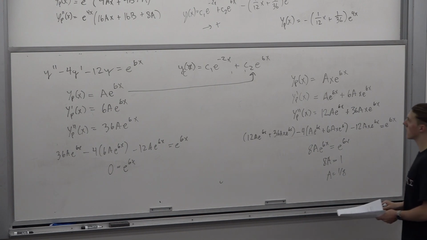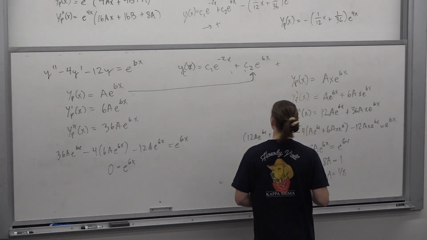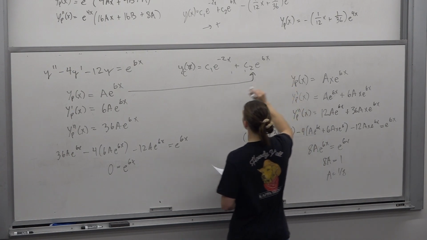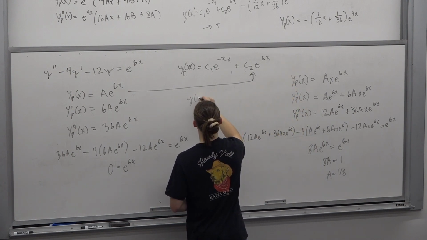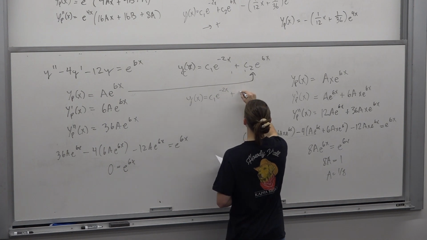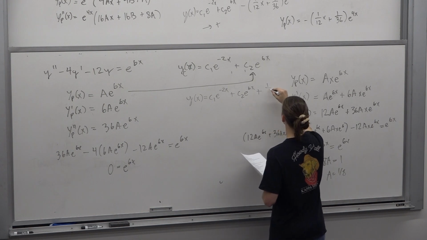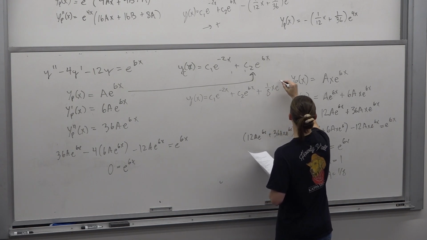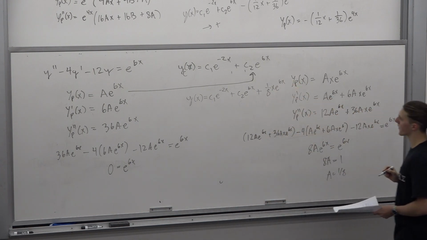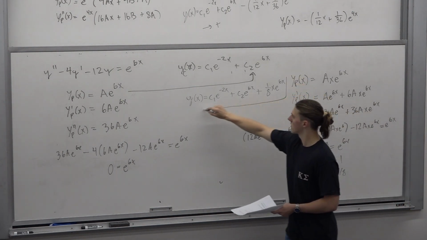So now that we know a, we can tag it on to our solution, and just get our actual solution by adding our complementary to our particular. And there you go.